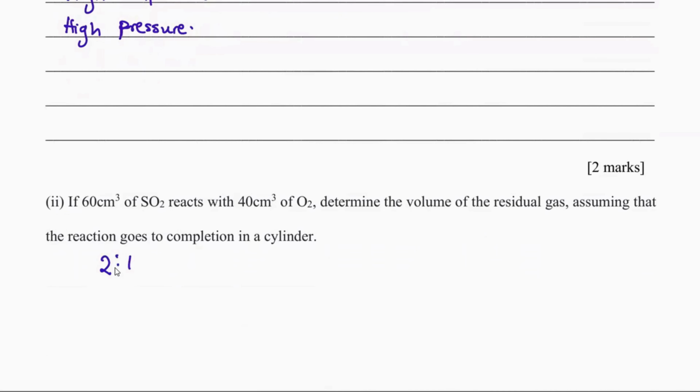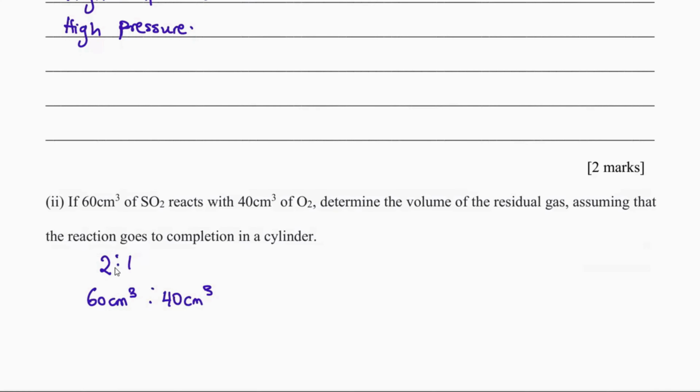Judging by that, the volume given to us for SO2 is 60 cm³, and oxygen is 40 cm³. But based on the ratio in a properly balanced equation, it's supposed to be 2:1.